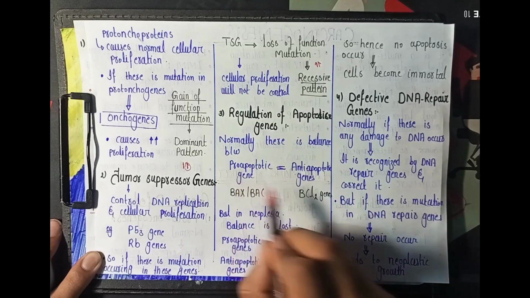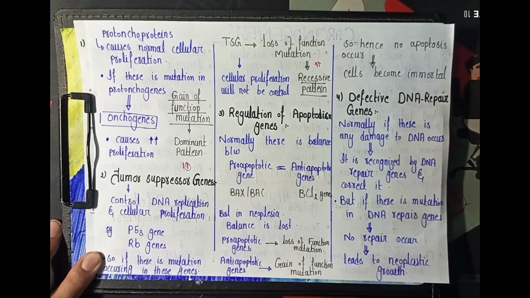And normally there is a balance between these two genes, but in neoplasia, this balance is lost. The proapoptotic genes show loss of function mutation, so there will be no apoptosis. And the antiapoptotic genes, which inhibit the process of apoptosis, show gain of function mutation. So there will be no apoptosis, and the cell becomes immortal and will lead toward neoplastic changes.